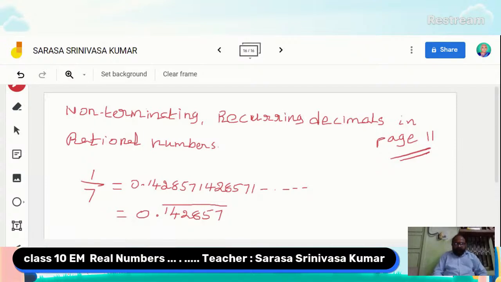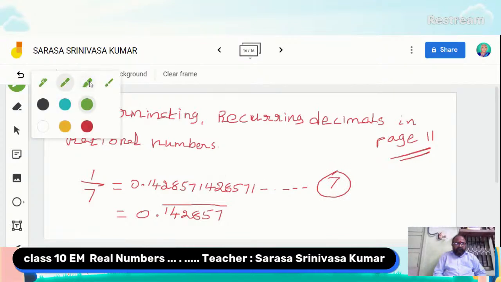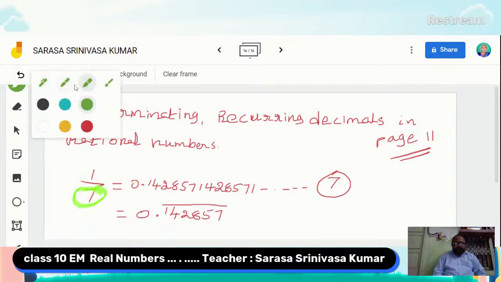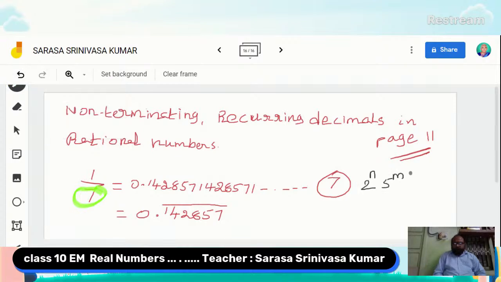How to express these non-terminating recurring decimals in the form of P by Q. And here the observation is that the denominator 7 is not of the form 2 power n, 5 power m. 7 is not in the form of 2 power n, 5 power m.